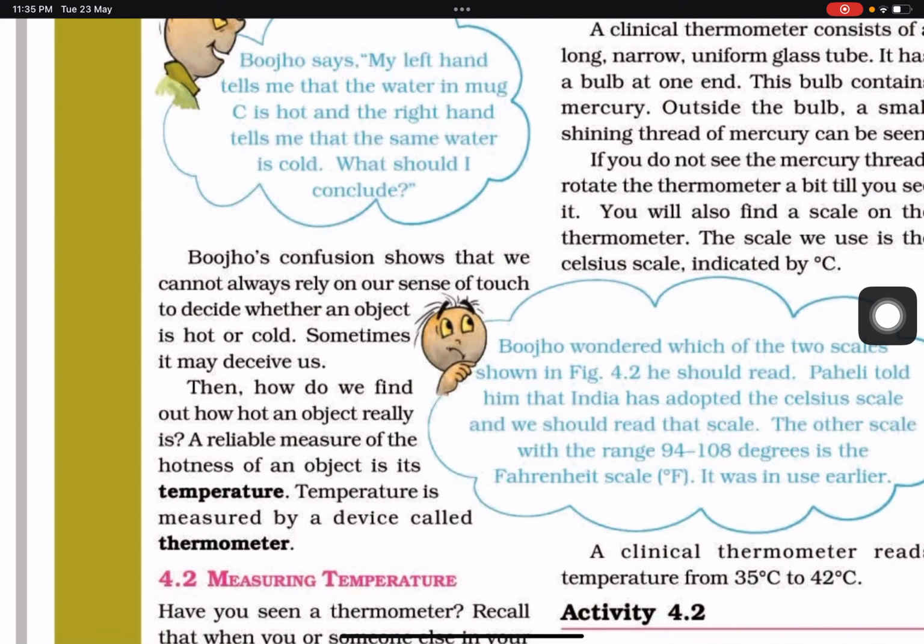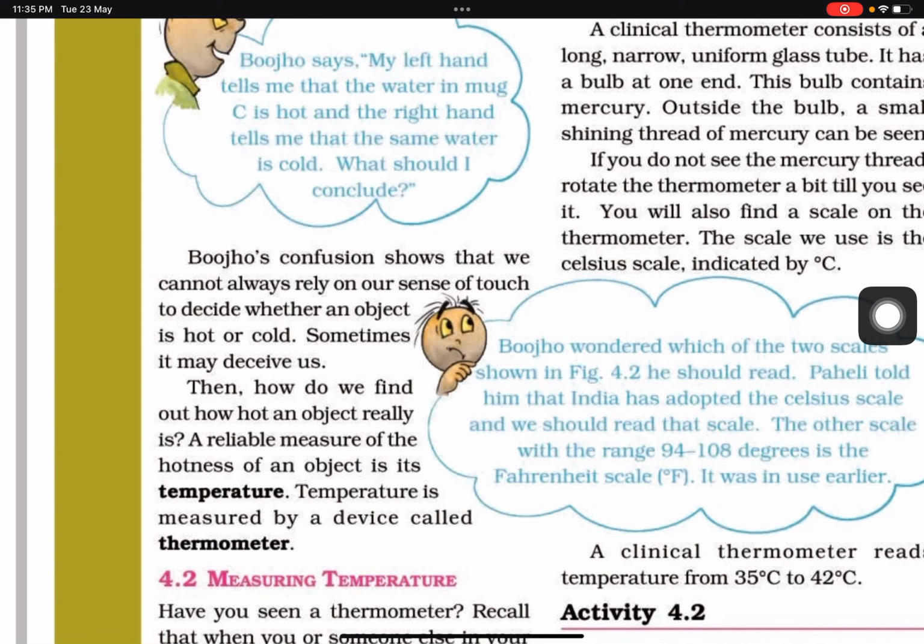If another person has more fever than you and touches your body, he will say no, you don't have any fever. It means we need a perfect scale or perfect machine or perfect unit to measure how cold and how hot an object is.